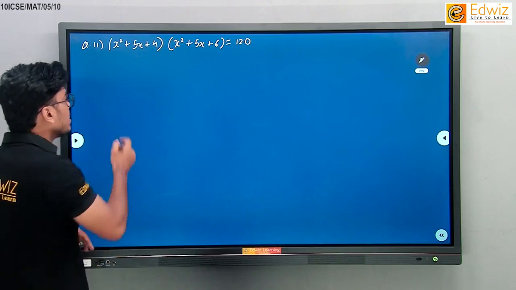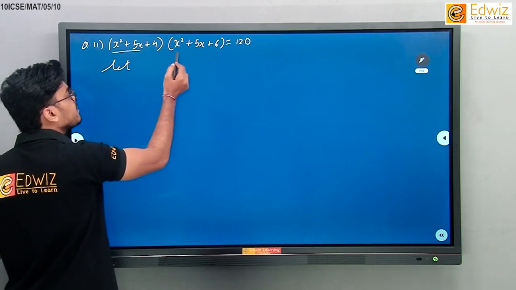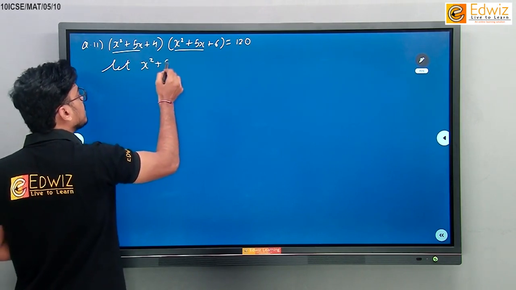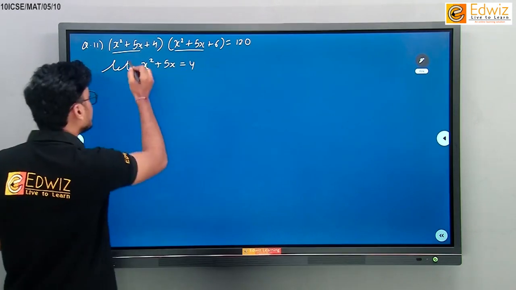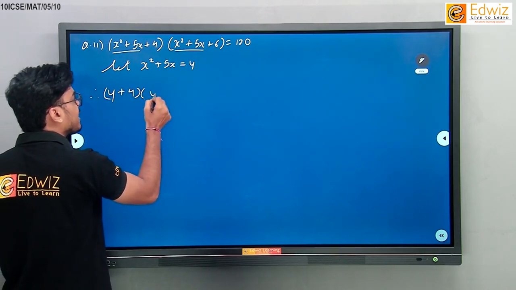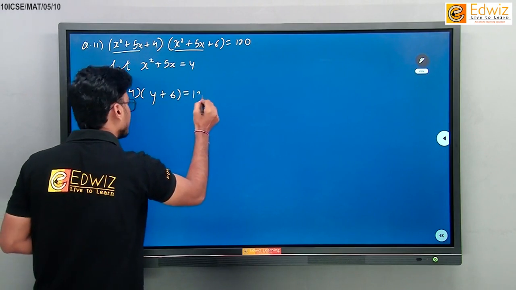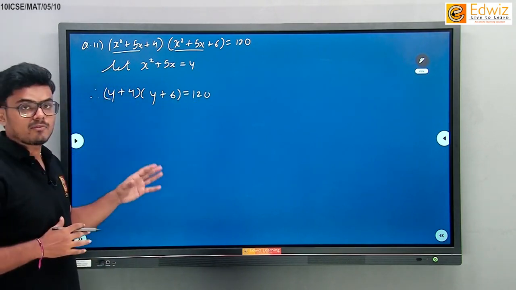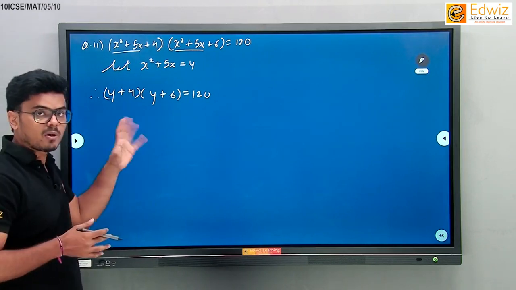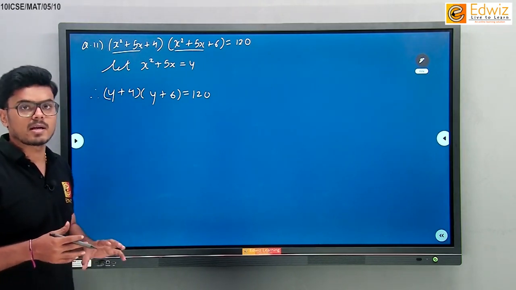Hint is given to you. Let the first part of this equation, x square plus 5x in both the brackets, be some other variable. So in this equation it will become (y plus 4) multiplied by (y plus 6) equal to 120. Now instead of x square plus 5x in the equation I have just written y. Now if we solve this equation it will become a normal quadratic equation.